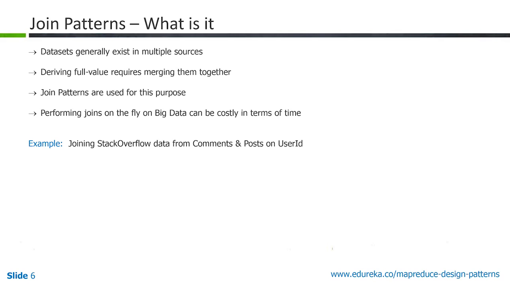Then there's another set of data called the comments data, which contains the comments put forth on some of the posts which the users have described there. As far as join pattern is concerned, on the user ID as a foreign key, we'll combine the comments and the posts all together. So you'll have the questions and the answers and the comments after that.